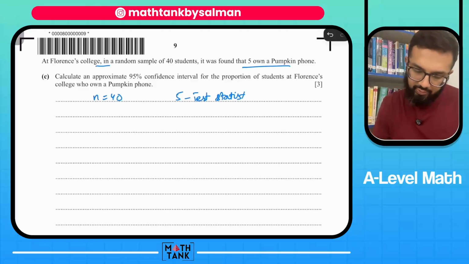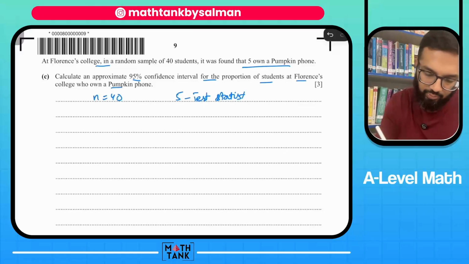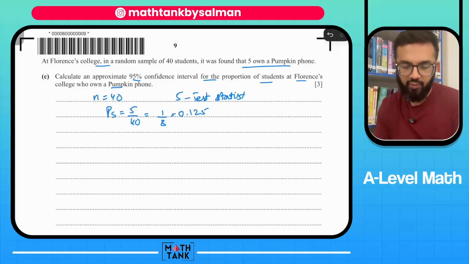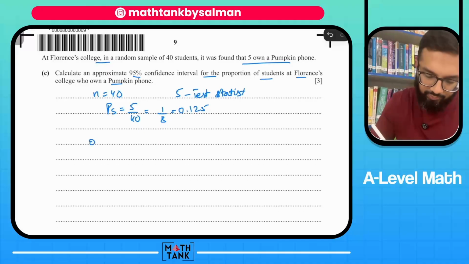So 5 is the test statistic. Calculate an approximate 95% confidence interval for the proportion of students at Florence's college who own a pumpkin phone. So PS is then 5 out of 40, which is 1 over 8, is 0.125, I think. Okay, so 0.125 is the value for that.